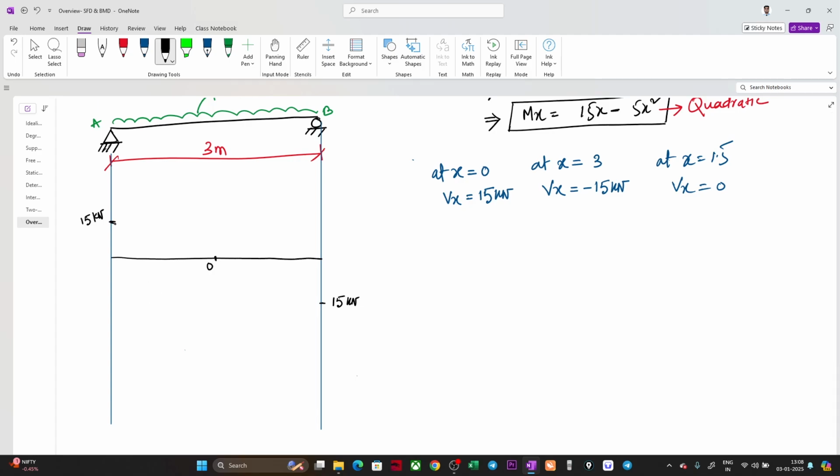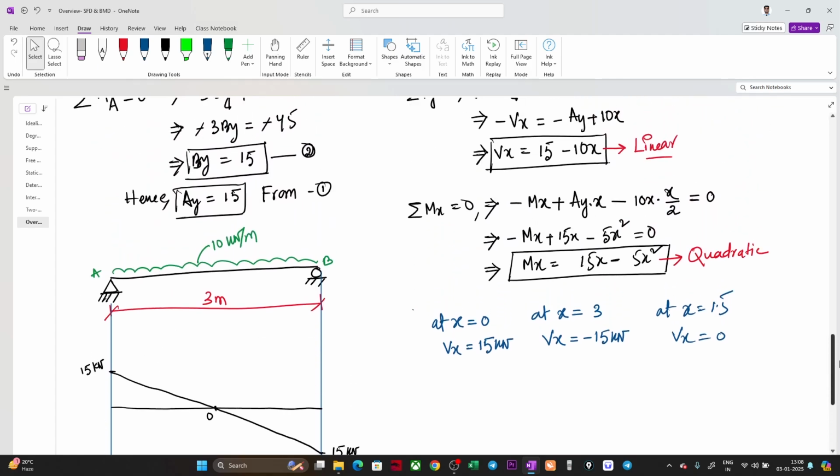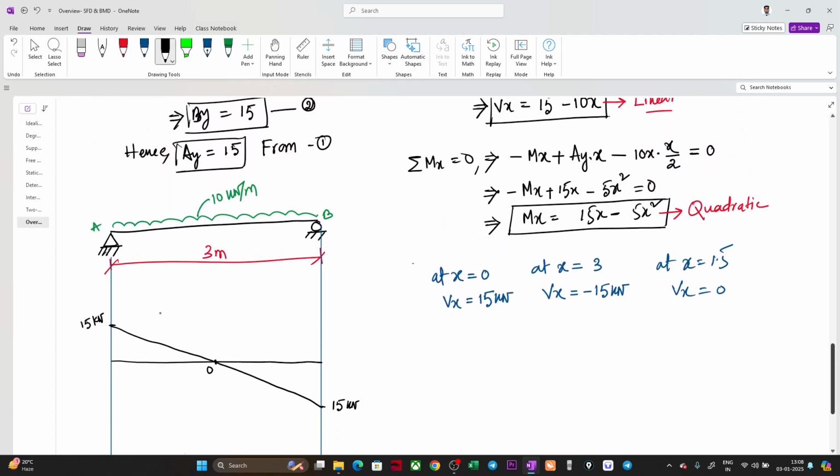And the diagram will be like this. Just from the equation, this is a linear equation and it is linearly varying. So this is my shear force diagram, correct? So with this particular expression that we have found out, you can find shear force at any point over this length of the beam.